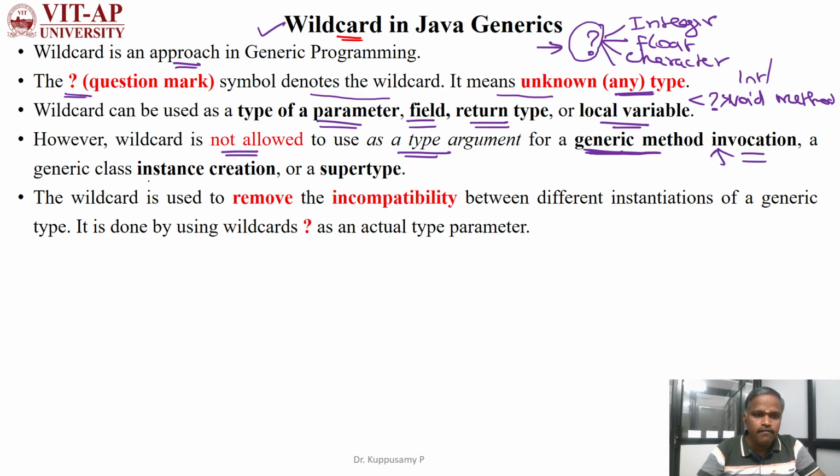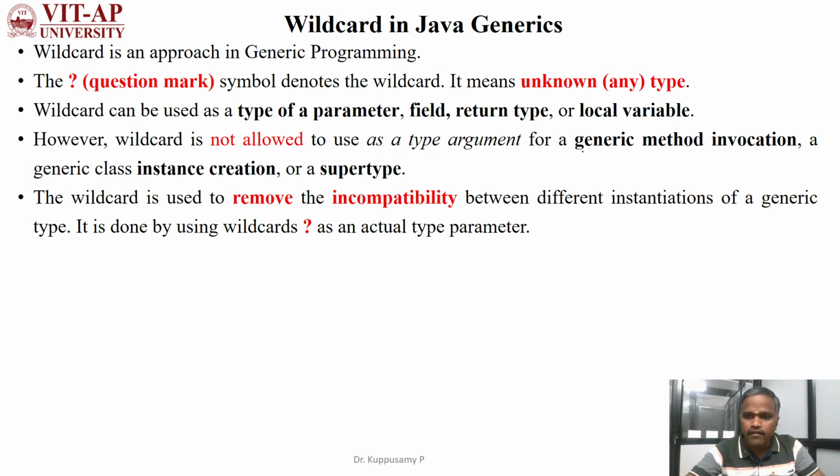And also when we are creating an instance of a generic class, we cannot use the wildcard. And when we are using the superclass, there also we cannot use the wildcard.